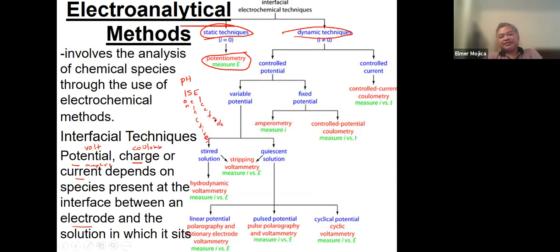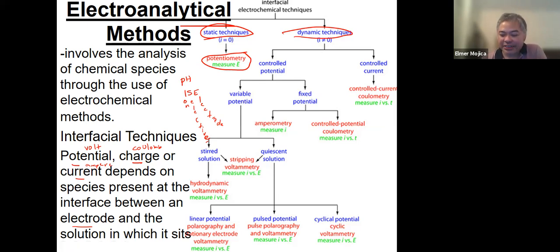Each ion has its own ion selective electrode, and you use it. The principle here is similar to pH. We could say pH is just the ISE for hydrogen ion. That's the only difference, but the setup is always the same. So in potentiometry, you measure the potential.